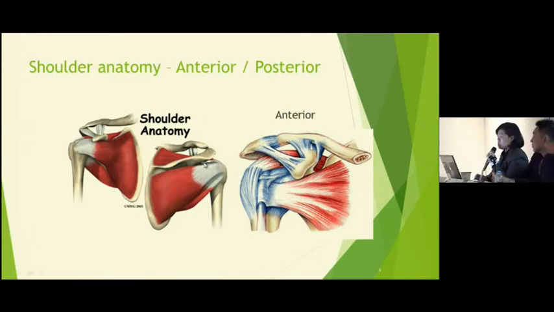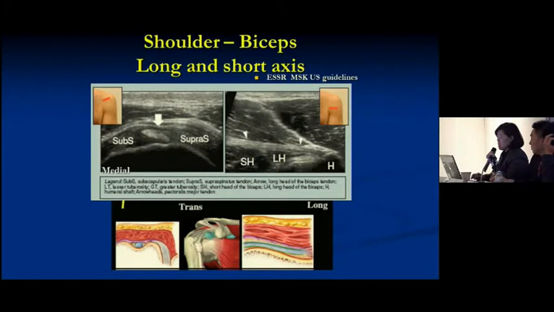The most important are the shoulder rotator cuff: supraspinatus muscle, infraspinatus muscle, teres muscle. Anteriorly, you would like to see the AC joint, acromion, coracoid process, and the short head and long head of the biceps, subscapularis. So the biceps, in long and short axis.